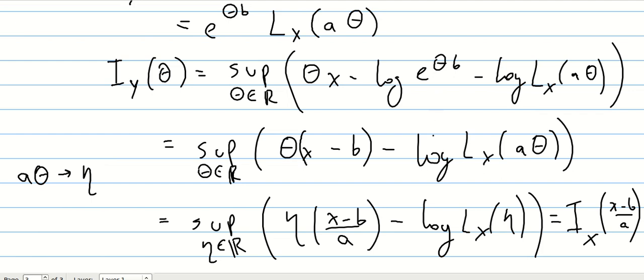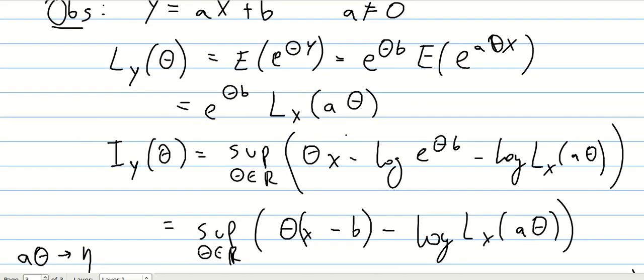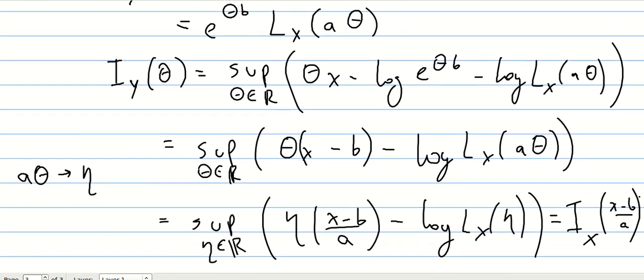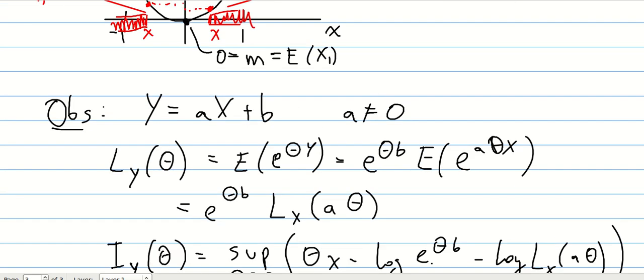So for example, if we just sum, forget the a now, imagine that a is 1. If we just sum some constant b to some variable x, we're going to subtract b in the rate function, so we're going to shift it to the right.